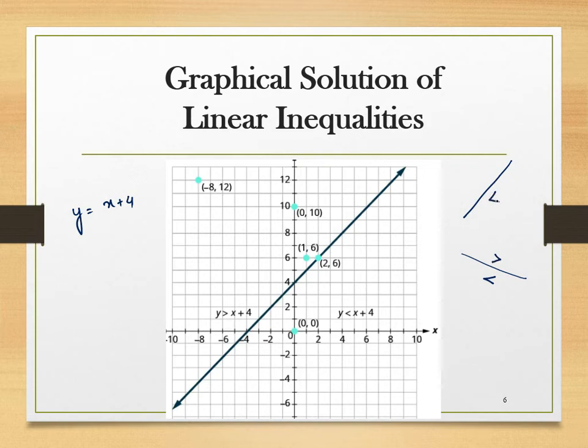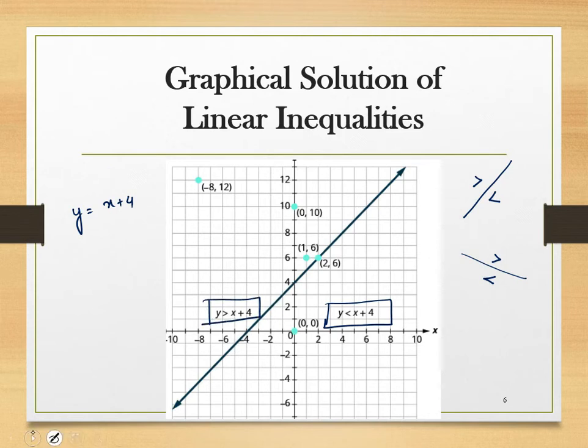So for the line y equals x plus 4, the region below is y less than x plus 4, and the region above is y greater than x plus 4.